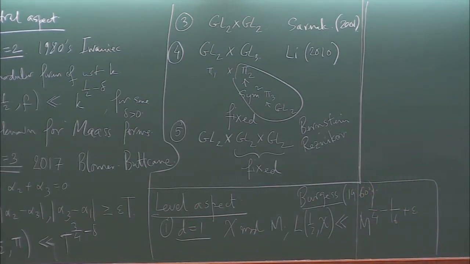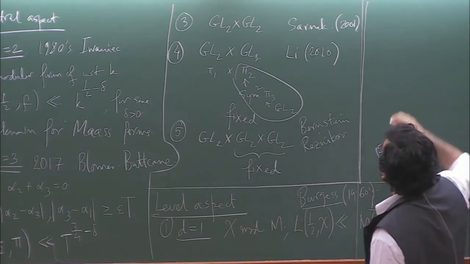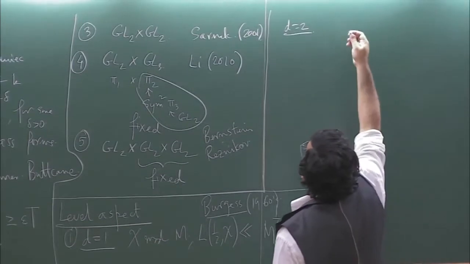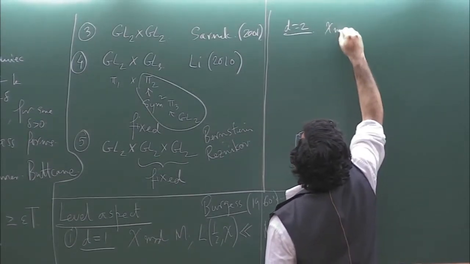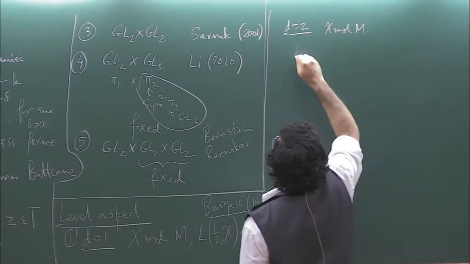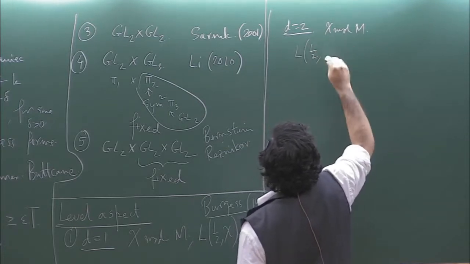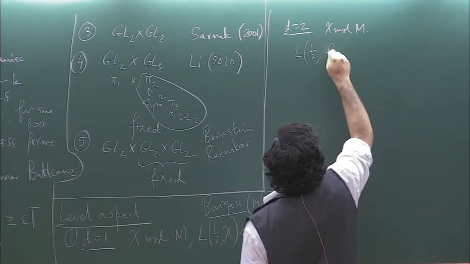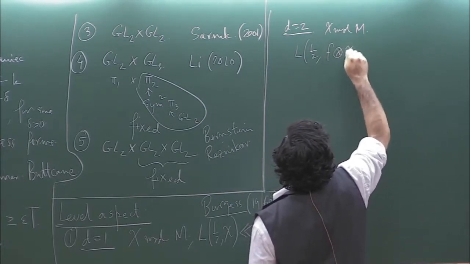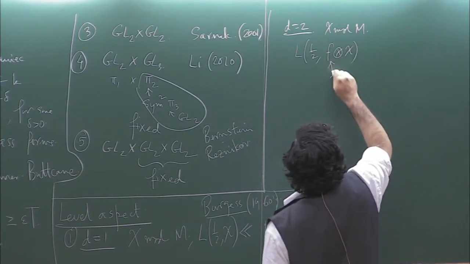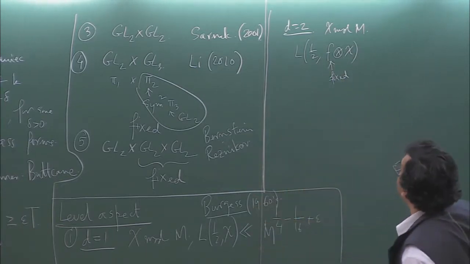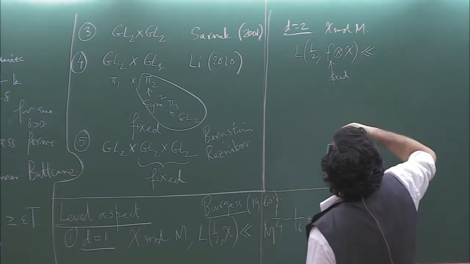Okay. So now this has been generalized for d equals 2. So for chi modulo m, if you look at L(1/2, f times chi), the first case is when you twist a fixed form by chi. Okay, so f is fixed over here. So this is one way of generalizing this. Then we know subconvexity.